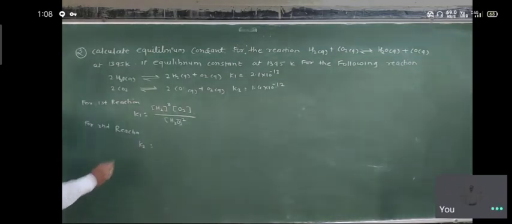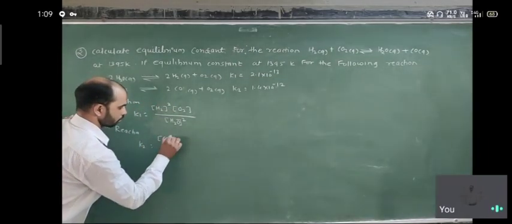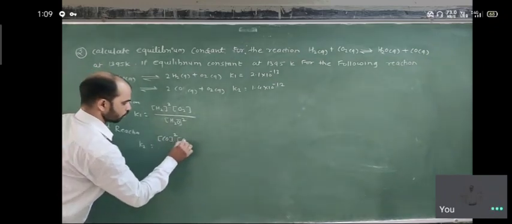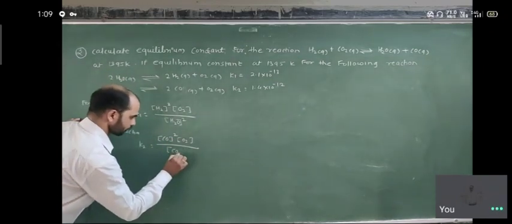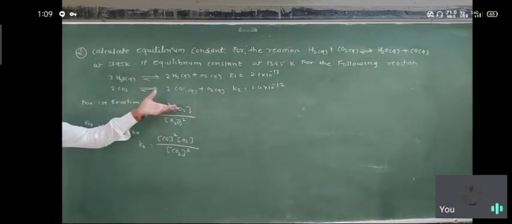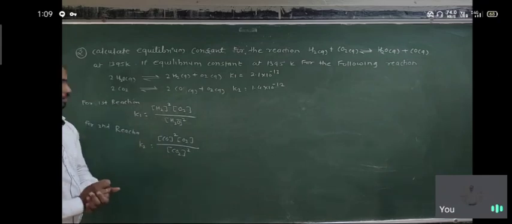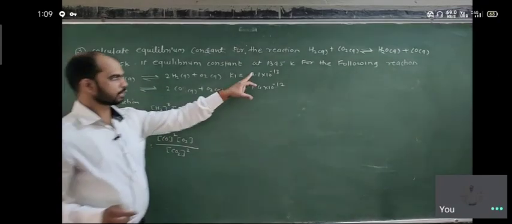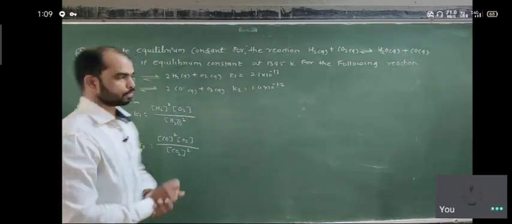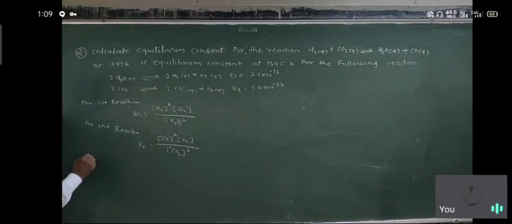So K2 is equal to the concentration of CO to the power 2 into the concentration of O2 upon the concentration of CO2 to the power 2. We already have the values of the equilibrium constants for both reactions, 2.1 and 1.4.